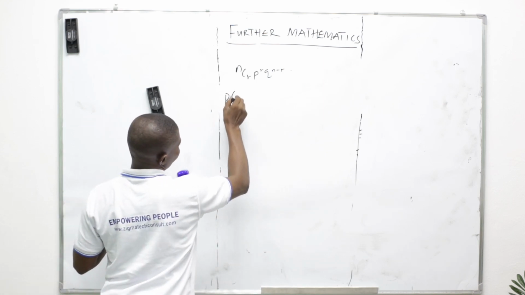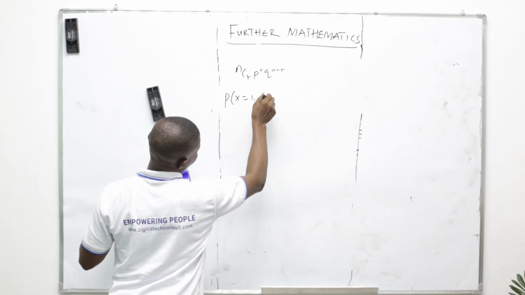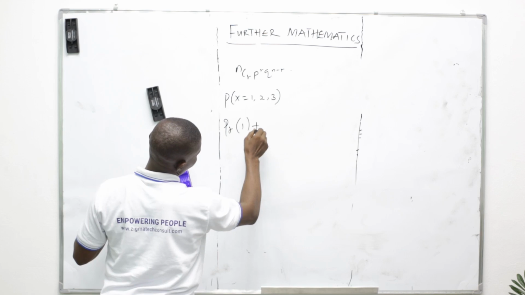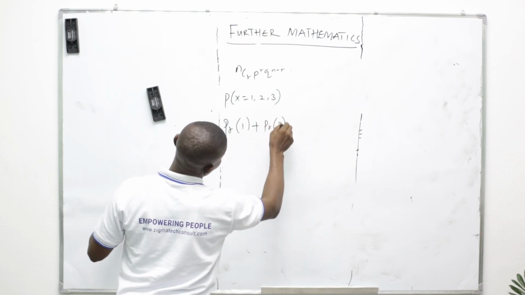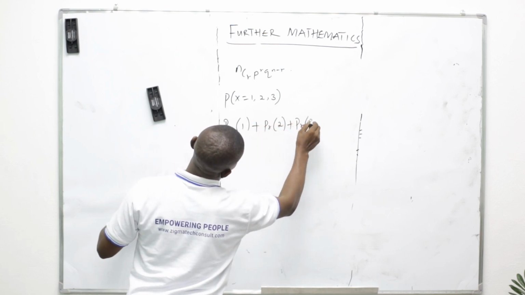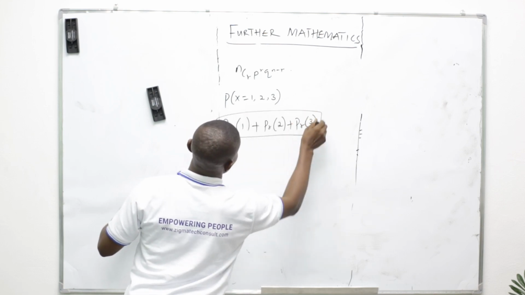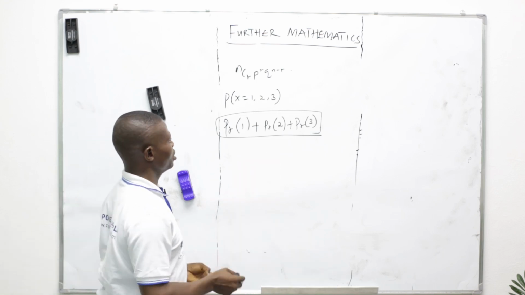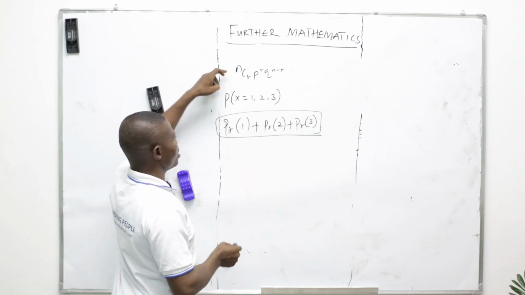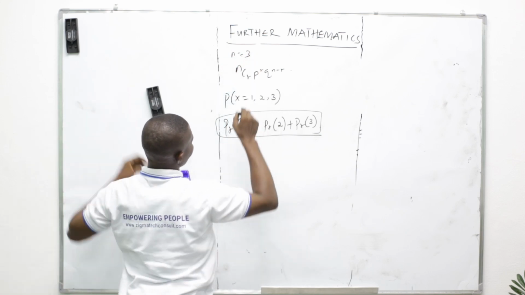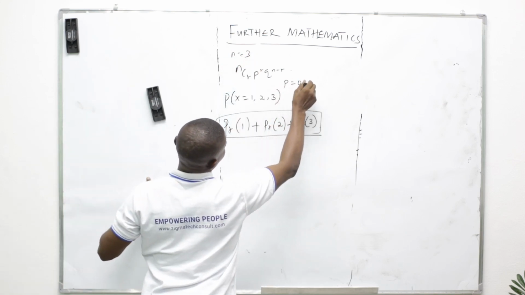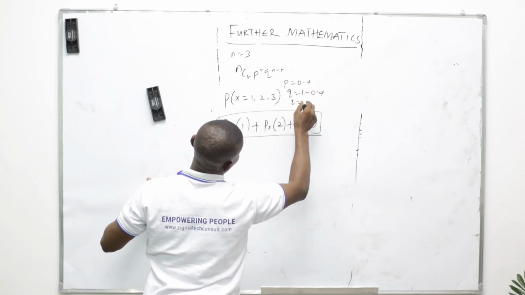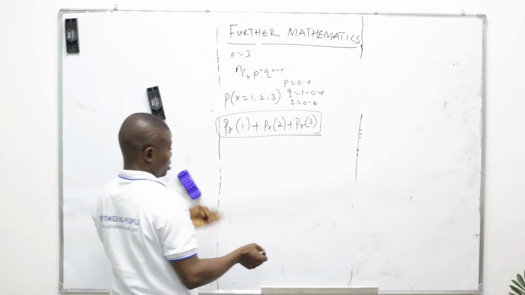For r being equal to 1, 2, 3. Now P(r=1) plus P(r=2) plus P(r=3) is what we need. At least 1. Okay. Our n equals 3 and p equals 0.4. q will now be 1 minus 0.4. q now equals 0.6. It's simple as ABC anyway.